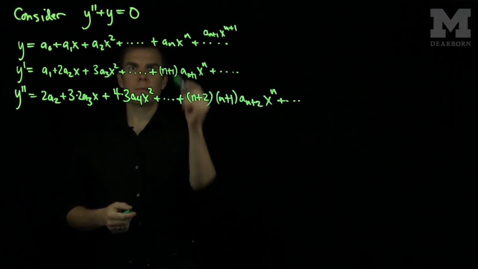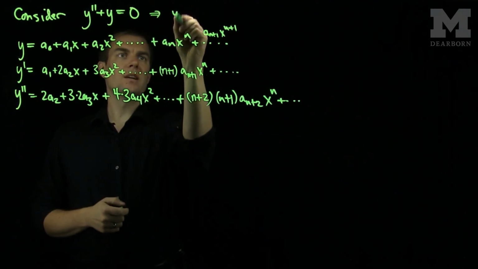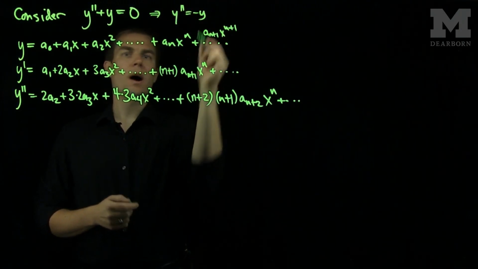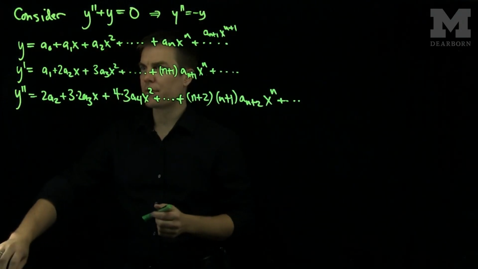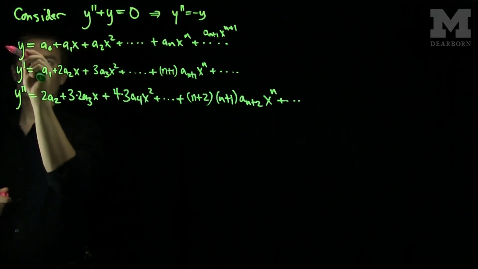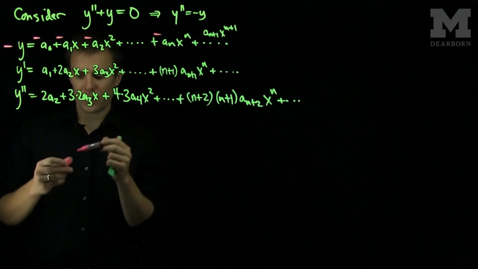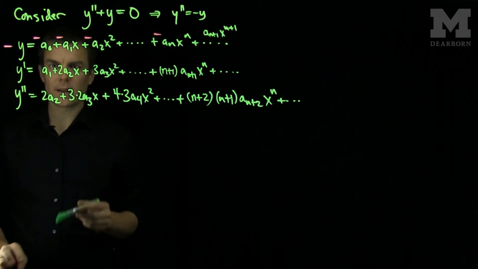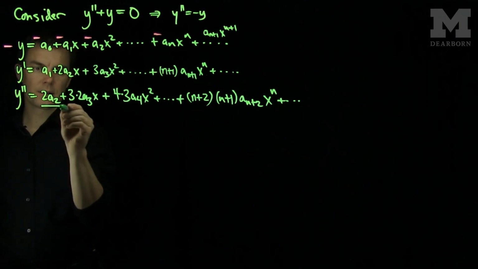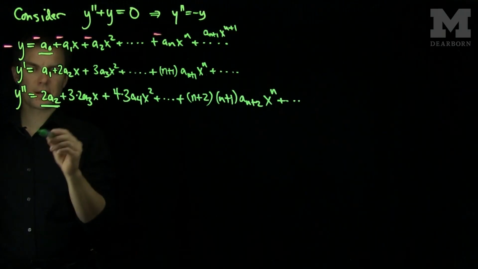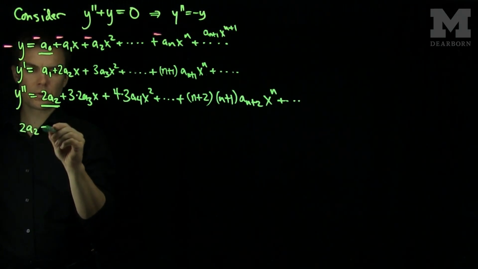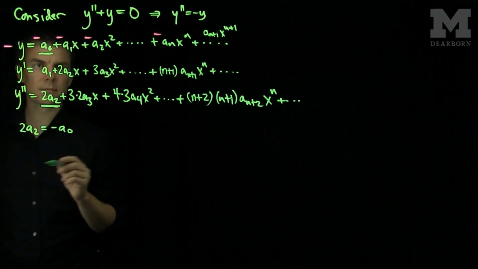Now our differential equation tells us that y double prime is equal to negative y, meaning that the negative of this first line over here will be equal to the second line. What does that tell us? That tells us that this constant term must be this constant term, so 2a2 is negative a0.